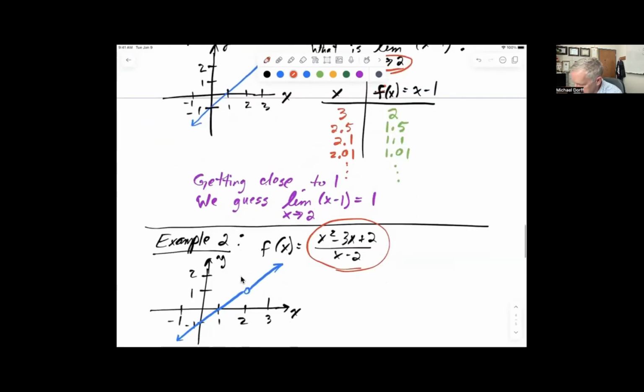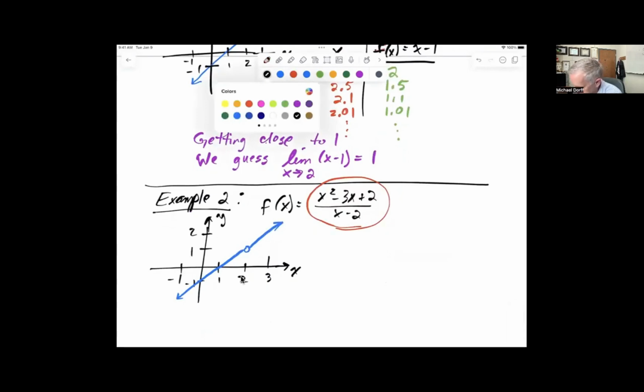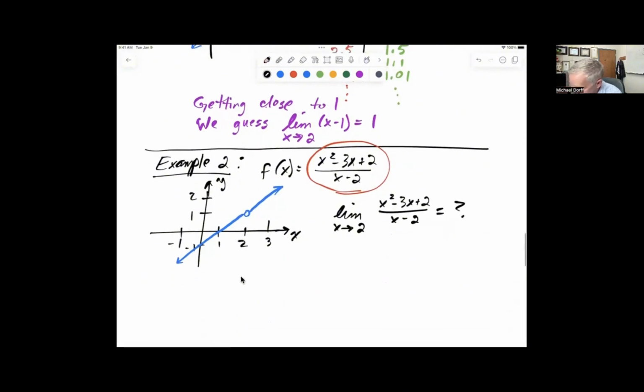We want to do the same thing here. We want to figure out what is the limit as x goes to 2 of this function, x squared minus 3x plus 2 over x minus 2. What does that limit equal? And just like the previous one, we're going to make a table of values. You may say, how do I make this table of values?